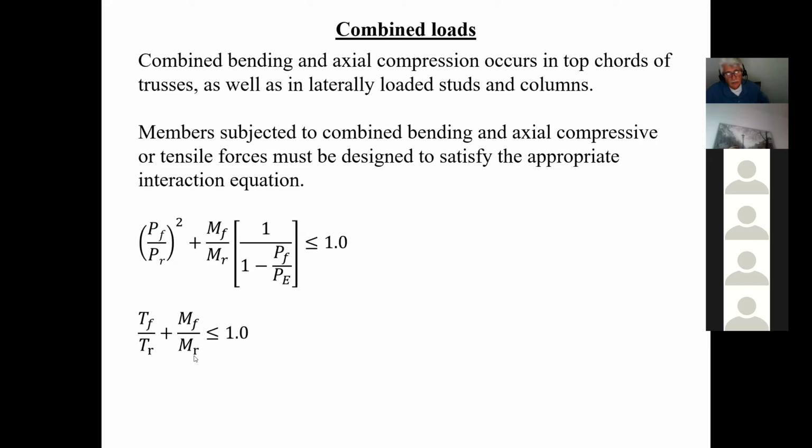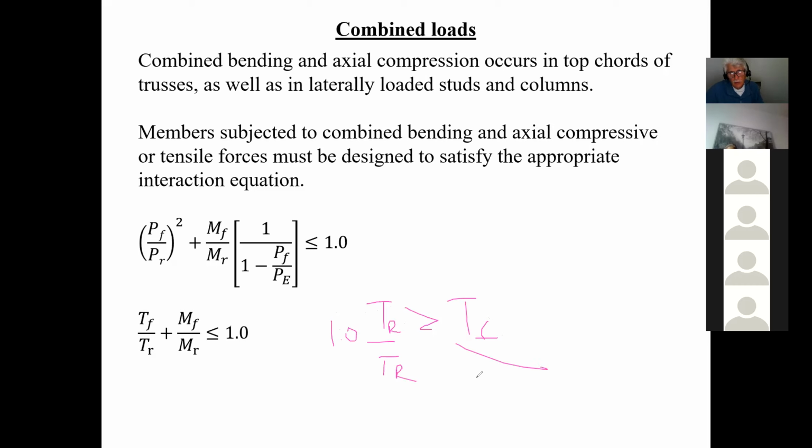Okay, now guys, these look complicated, right? These look complicated, but look, it's not very complicated. What's the design objective all the time? We want to make sure that TR is greater than or equal to TF, right? What's TR over TR? That's 1.0, right?